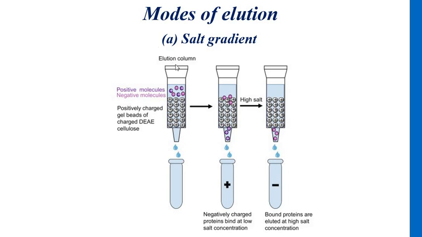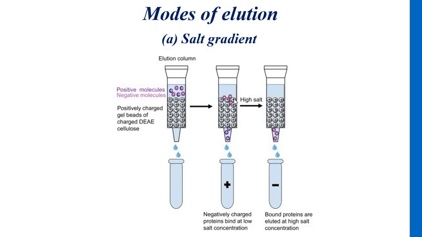Now, when we add a mixture of proteins containing our target proteins which are definitely negatively charged here, as we are using an anion exchange resin, so we will add the mixture in the mobile phase through the column, and as the mobile phase will pass through the column, the positively charged proteins will be eluted at first, while the negatively charged proteins will become bound with the positively charged stationary phase.